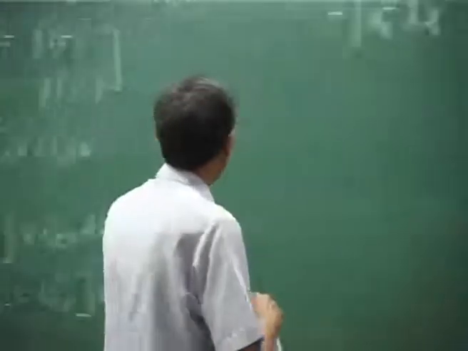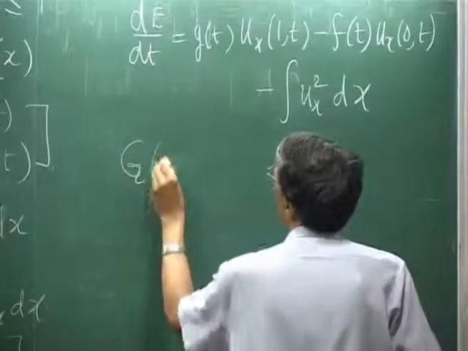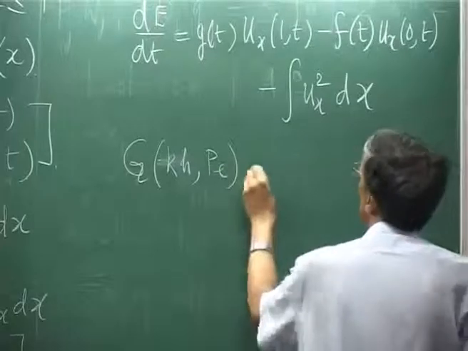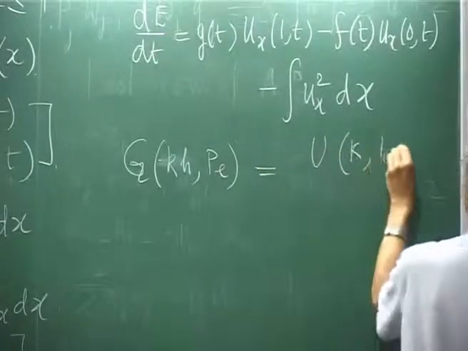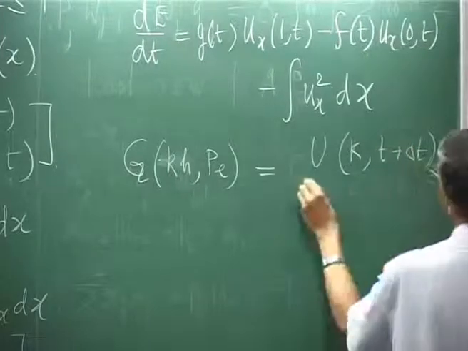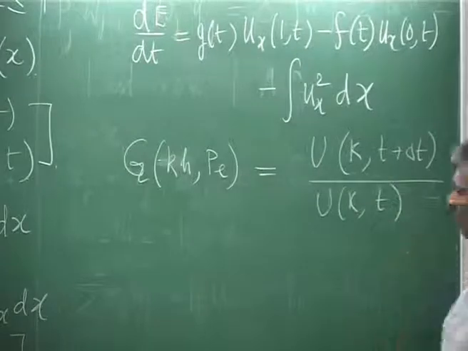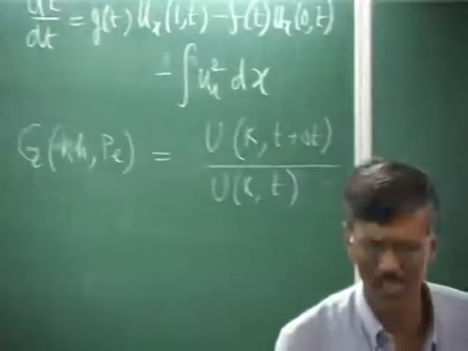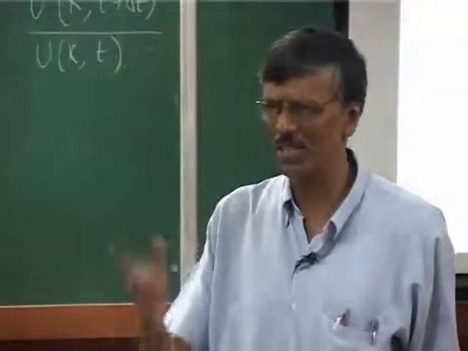If you recall, the numerical amplification factor which I wrote for this heat equation was something like this: U of k at T plus delta T divided by U of k at T. So, of course, for finite time calculations this will not be equal to 1, but what is your ideal?